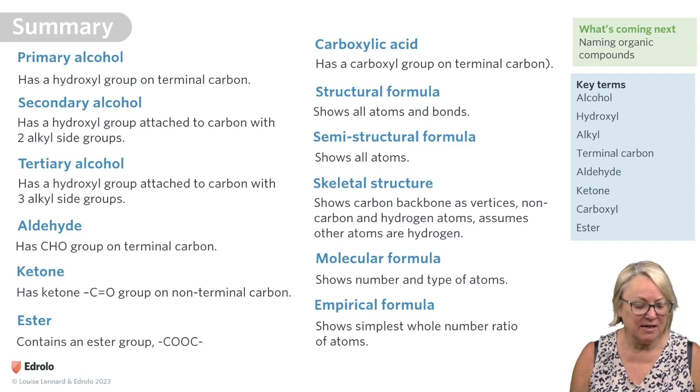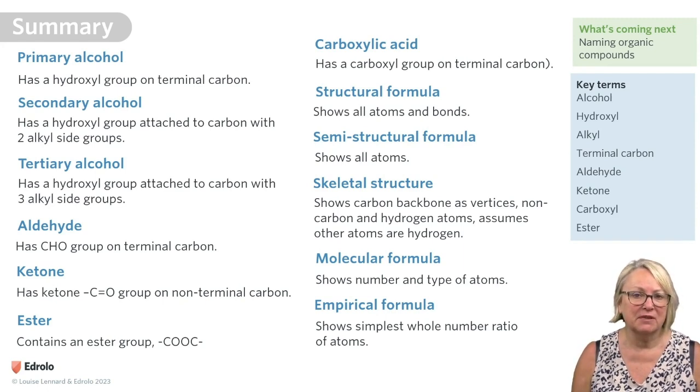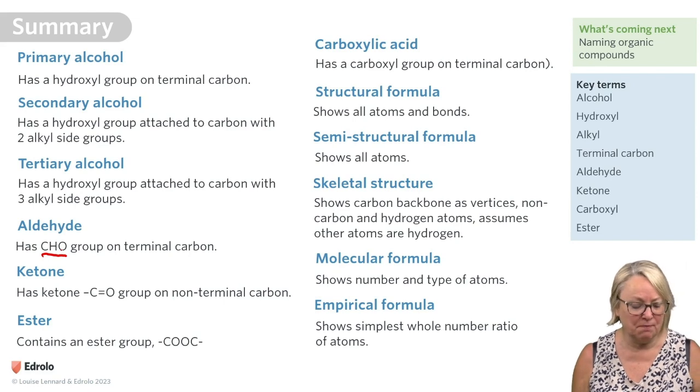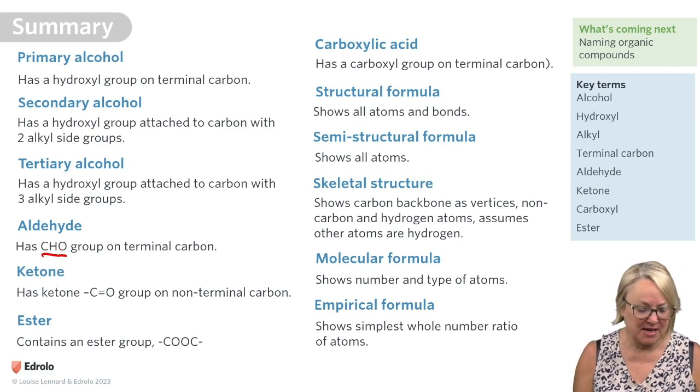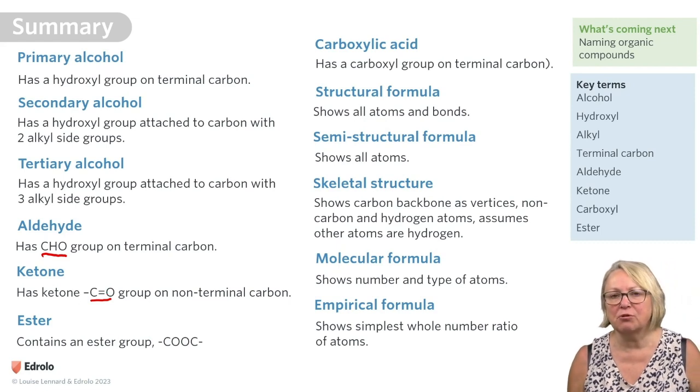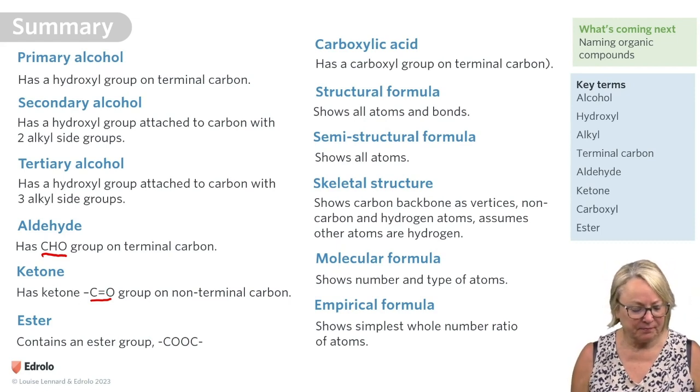An aldehyde has a CHO group on a terminal carbon, so it's got a carbonyl group, but we actually write it as CHO. A ketone has a carbonyl group that's on a non-terminal or internal carbon.